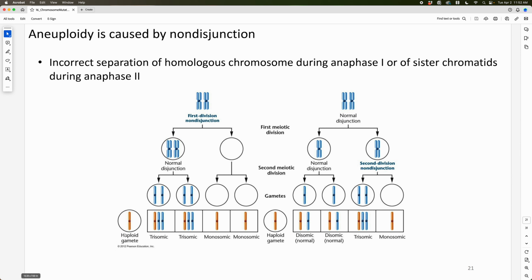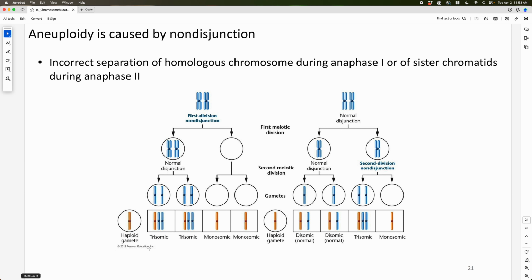This last row shows what happens when you would have the fertilization event. So a haploid gamete coming from a different individual. If we imagine that this is spermatogenesis, all of these gametes that are produced are sperm. We have an egg cell that would be fertilized by each of these different types of gametes. So over here with our first division non-disjunction, we ended up with two gametes that have twice as much of that chromosome and two gametes that have no copies of that chromosome.